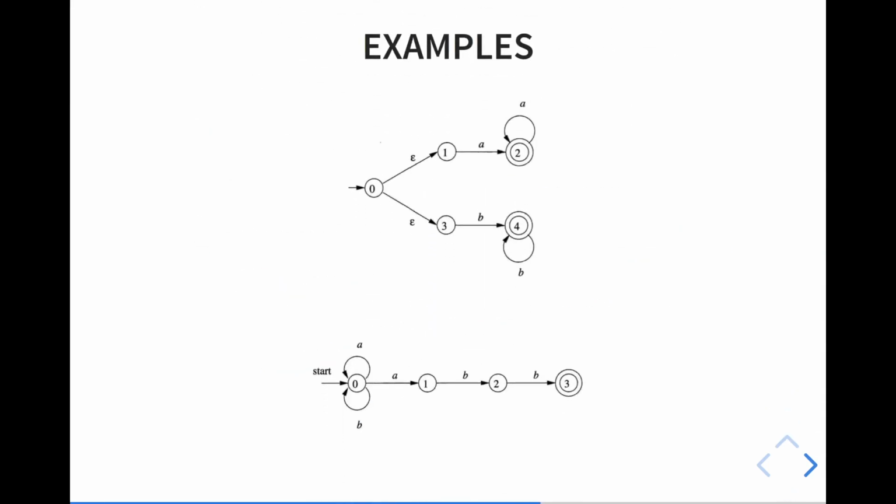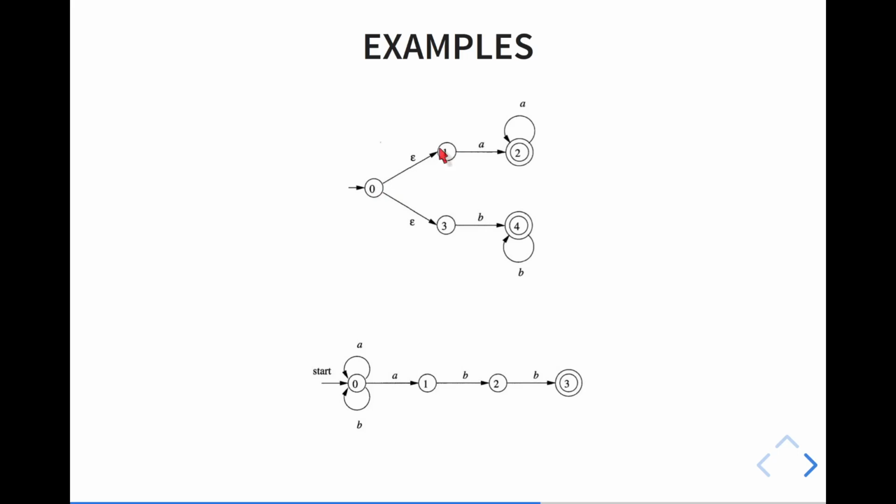So here's a couple examples of non-deterministic finite automata. Here we see a start state 0, and this epsilon symbol means empty string, so you can always match the empty string. And so as soon as we enter state 0, this machine enters both state 1 and state 3. Non-deterministic: you can't determine any single state you're in.